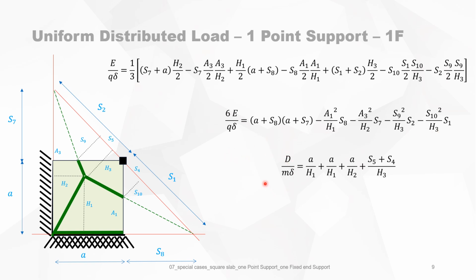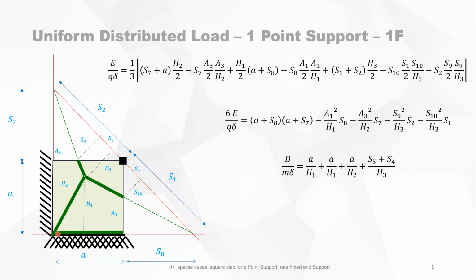The work done by the internal forces is more simple. For instance, for this yield line, I project this to this axis of rotation. It means that the length is then A multiplied by the angle of rotation, which is delta divided by H1. So that's this. The negative bending moment is the same.